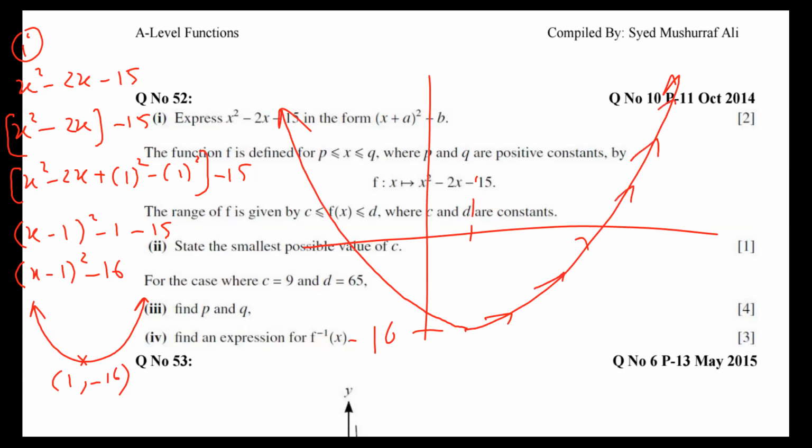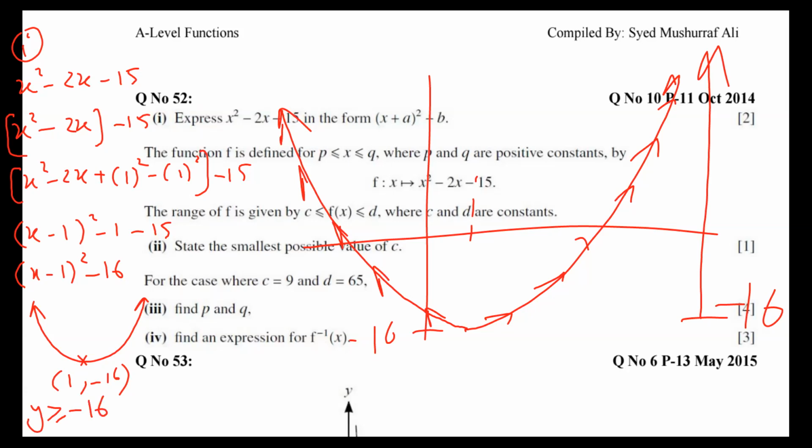So the y value is rising from minus 16 upward. Even if I go from 1 backward, the y value is also rising. You see, rising. So the y value is starting from minus 16 and goes upwards. So what is the least value? y is bigger than or equal to minus 16. This is my range.